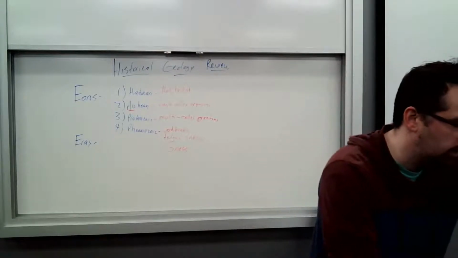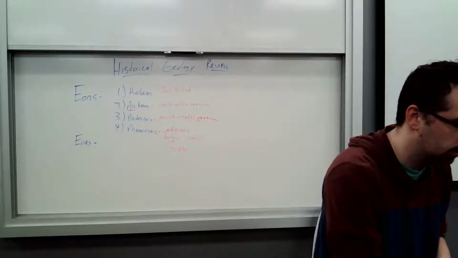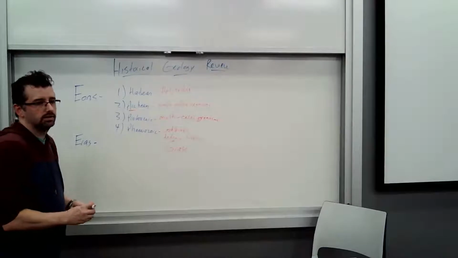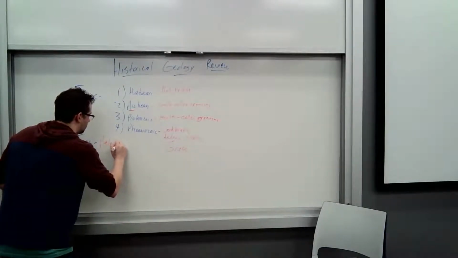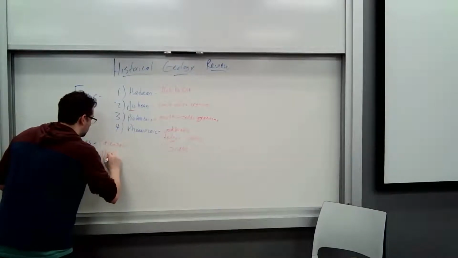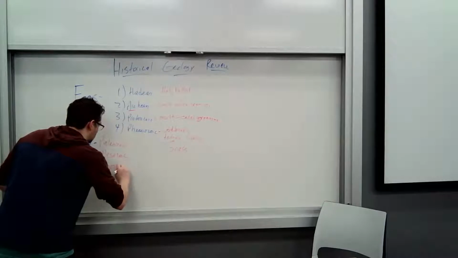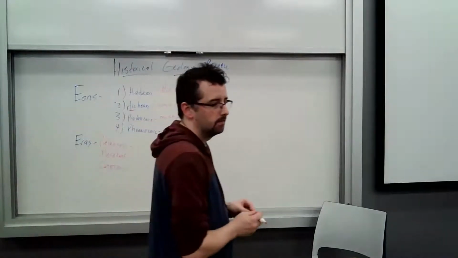All right. So, the 3 eras to know are, yes, Paleozoic, Mesozoic, Cenozoic. Okay.